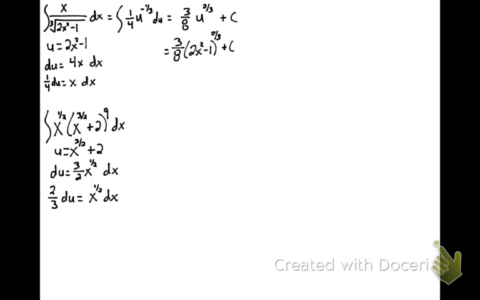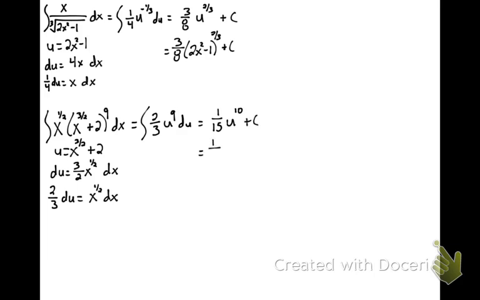So when I make my u substitution, this will be 2/3 u to the 9th du. The integral of anything to the 9th is something to the 10th. And this must have been 2/3 times 1/10, or 1/15, plus c.